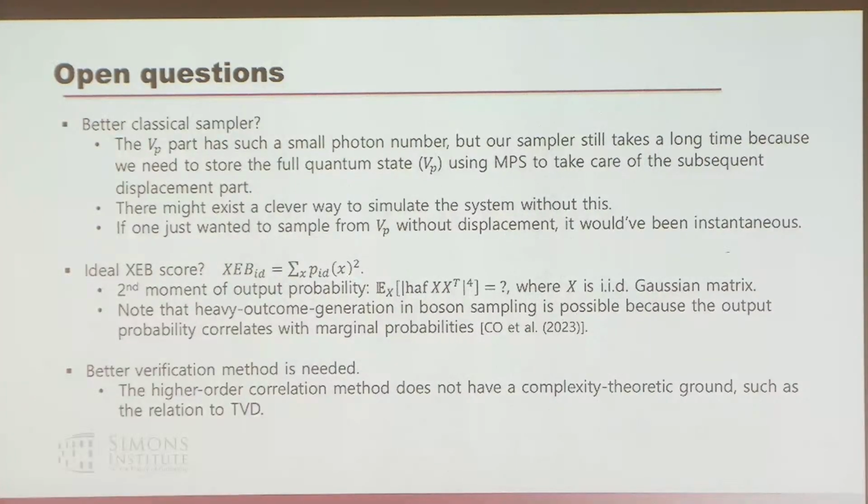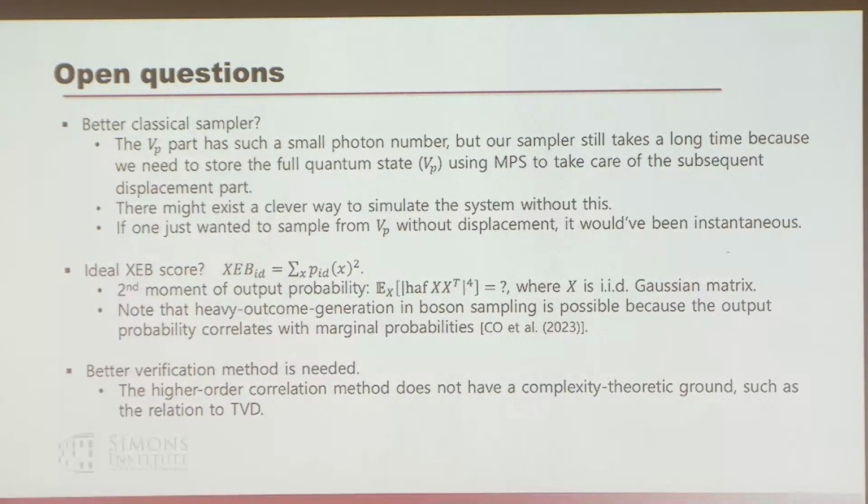As I said, computing the ideal XEB score is still open in Gaussian boson sampling circuits. The main difficulty is to compute the second moment of the alpha probability. There has been quite a progress from a Maryland group, including Dominic, but I don't think we have a clear analytical expression for the XEB yet.